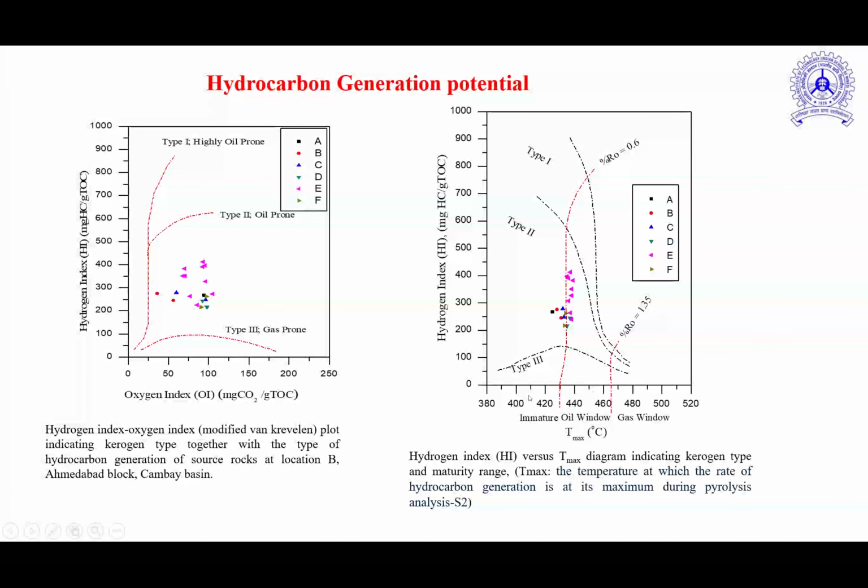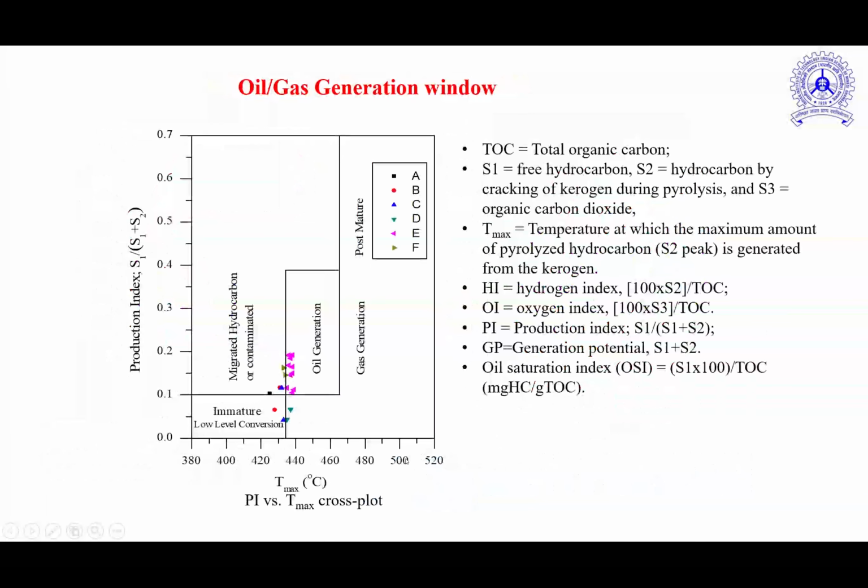And this Tmax and hydrogen index plot will tell you what the maturity level is. If the temperature is below 430 in S2, then it's in the immaturity level. So your maturity level will be higher as you go; this is the oil window, this is the gas window, and the over-matured window will be this one. So this is the Tmax and production index.